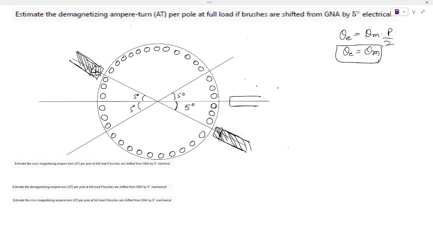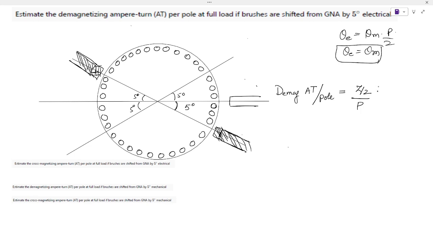Let me call demagnetizing ampere turn per pole equal to Z by 2, if I assume that all the conductors are uniformly placed along the periphery of this armature. So total number of turns per pole will be this much, yes or no?